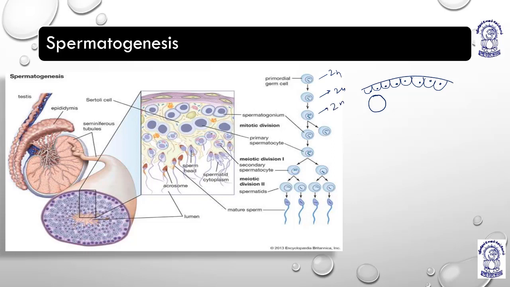Sorry, they are not primary spermatocytes. I'm so sorry. They are primordial germ cells, PGC, primordial or primitive germ cells. These primordial germ cells undergo mitotic division, and the moment they do, they form spermatogonium.